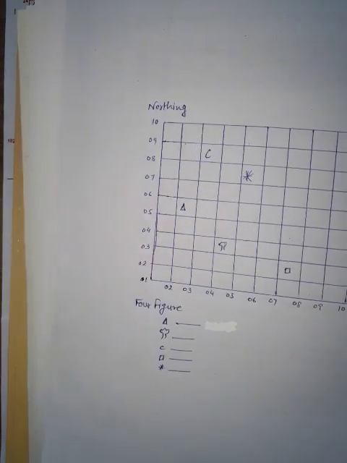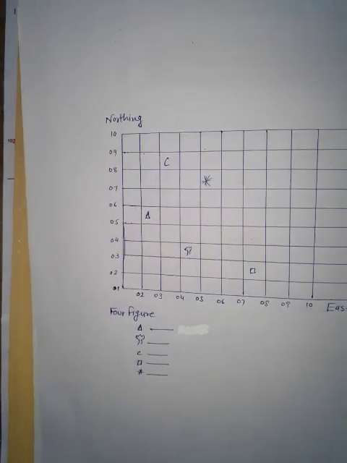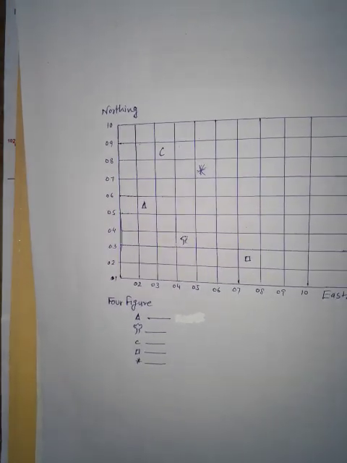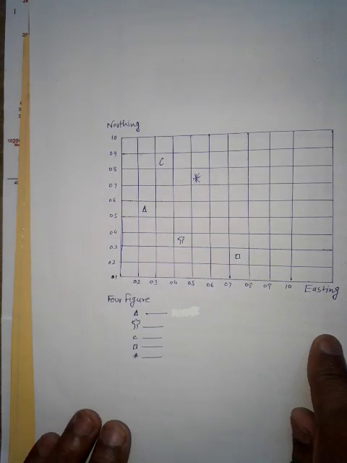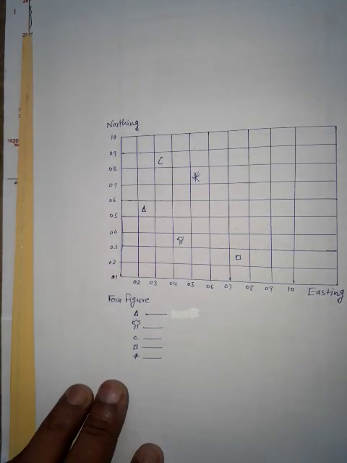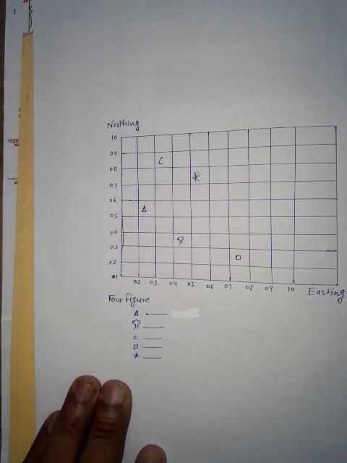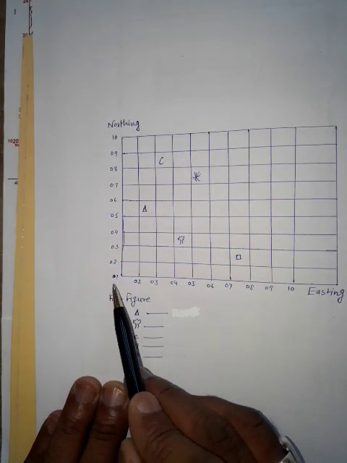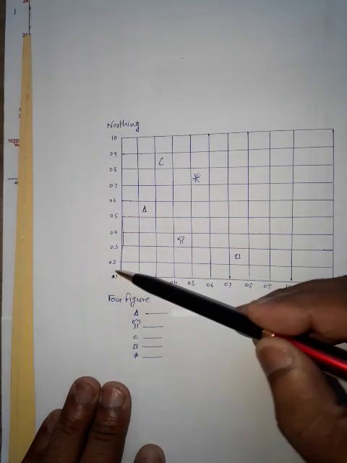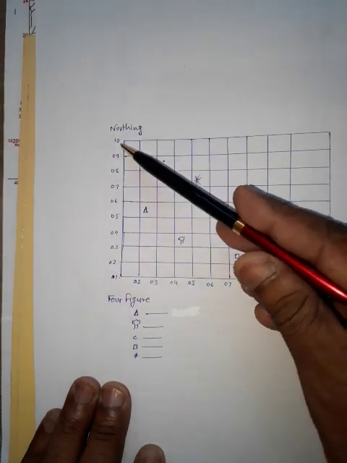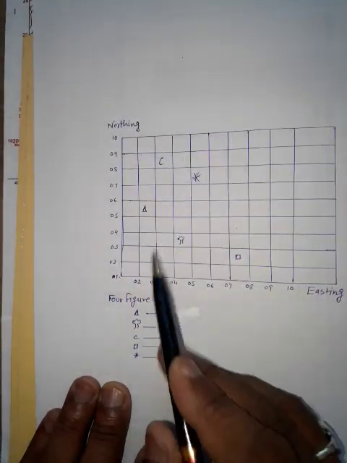But before that we will find out how we check the 4-figure grid reference. On this page I have divided the topo sheet, like numbers are increasing 0, 1, 2, 3, 4, 5 up to 10 eastings and from 0, 1 to 10 northings. First of all, a triangle is given.